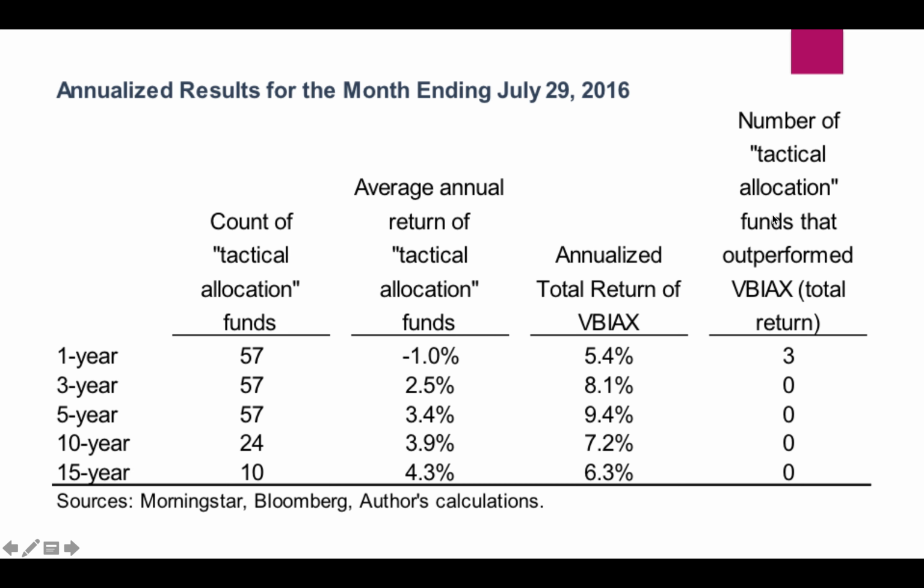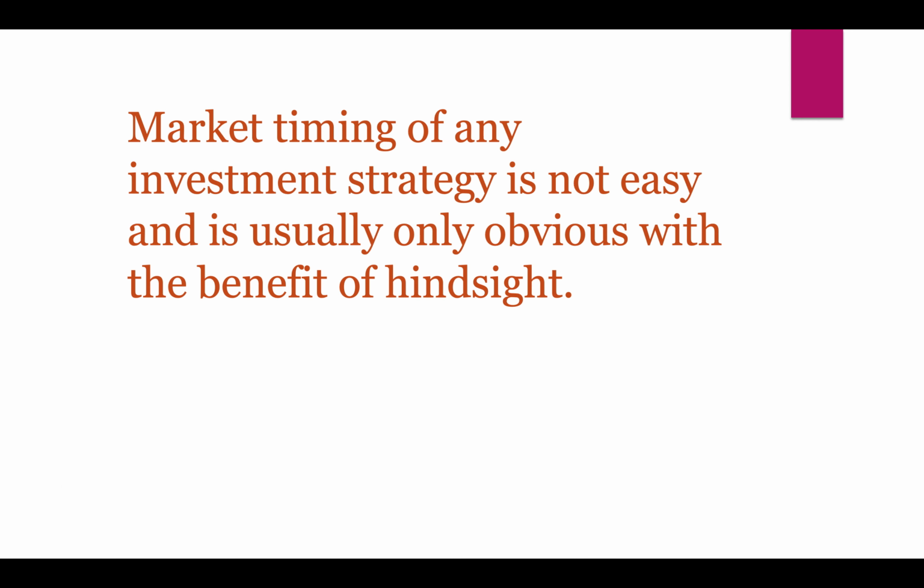The number of tactical asset allocation funds that outperformed in 1 year was 3 out of 57, but over a 3-year period, not a single one. Now, obviously, the answers might be different for every 3-year period that you look at, but it's a pretty strong indication that tactical asset allocation has not been working very well. So market timing is not easy.